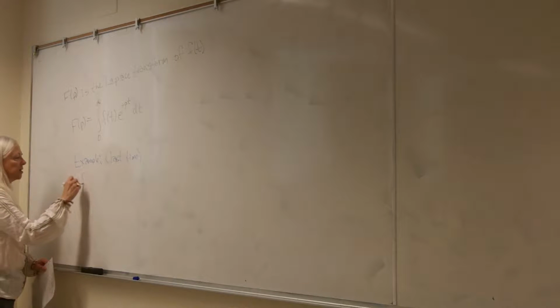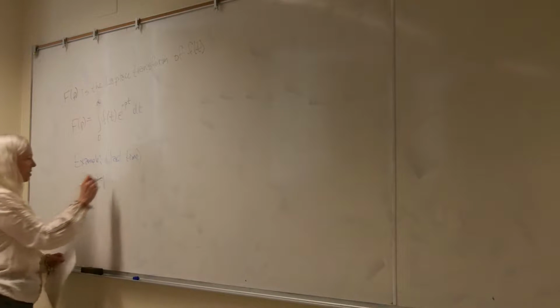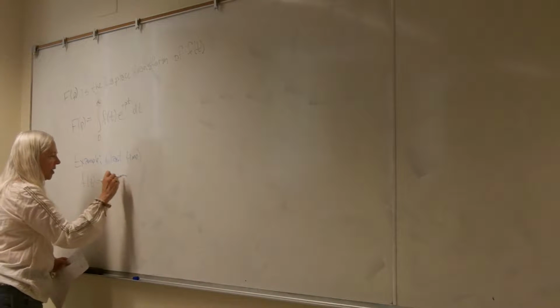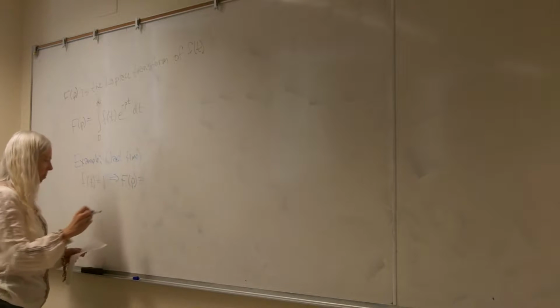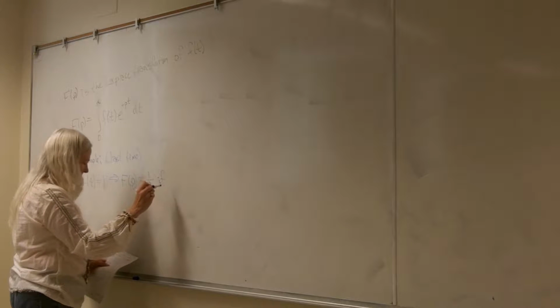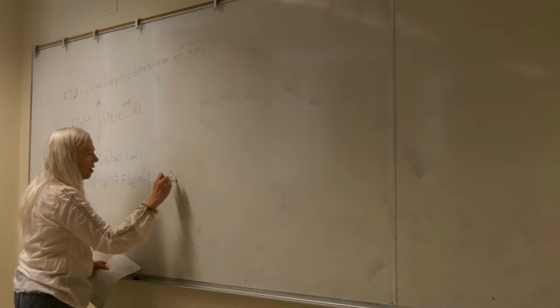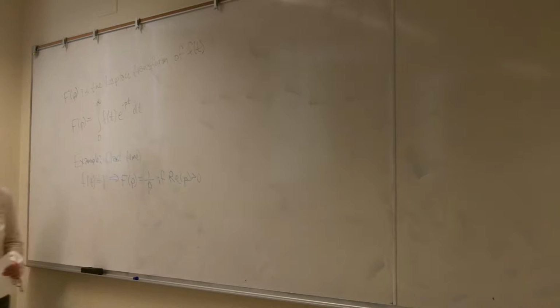And that was for the function f of t equals 1, which is of course not a function of t at all, but just a constant. And we found that the capital F of p that goes along with it, the Laplace transform, was equal to 1 over p, at least if p is positive, or better yet, if the real part of p is positive, because p could be a complex number.